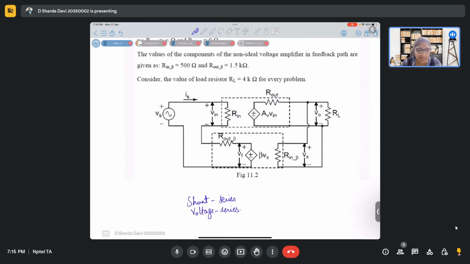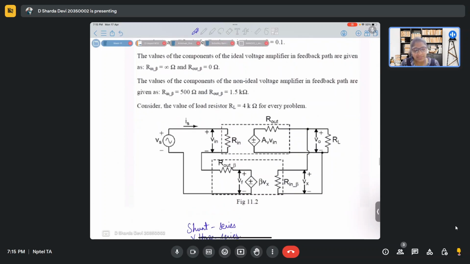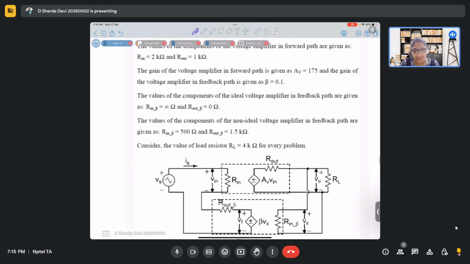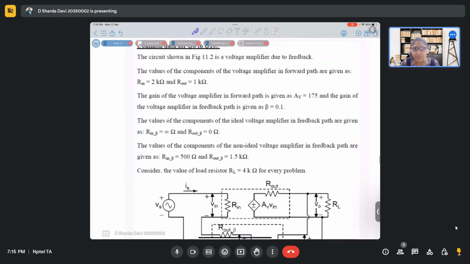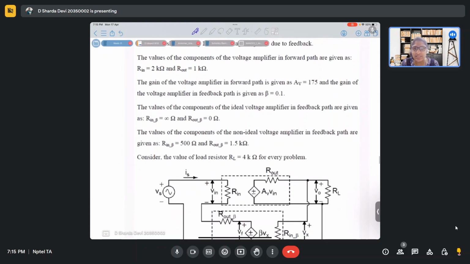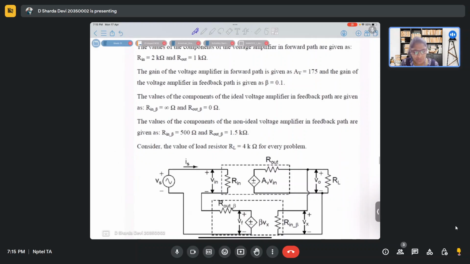So the output is shunt, and here it is series. So shunt series. I understand sometimes, but it is a conventional way. But if you're referring to a certain book, then maybe you can follow that. Which book are you using actually?